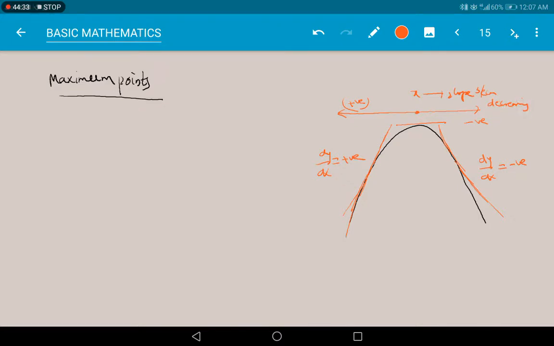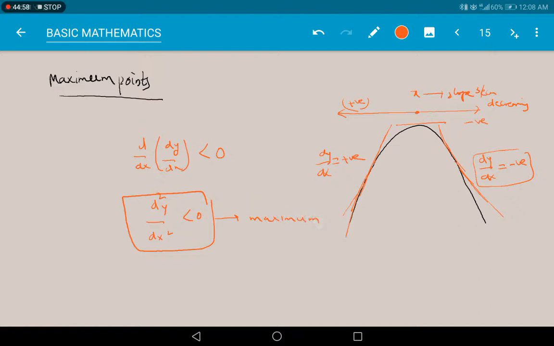That means the derivative of the slope becomes negative. That means simply we can write d by dx of dy by dx should be less than 0. Therefore d square y by dx square is less than 0. At that point the function is maximum.